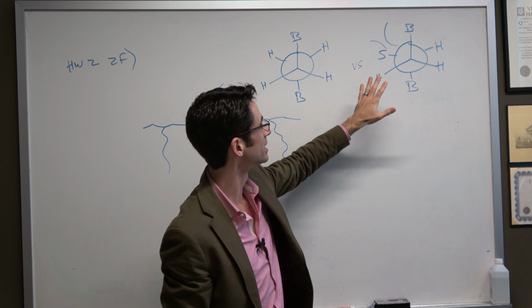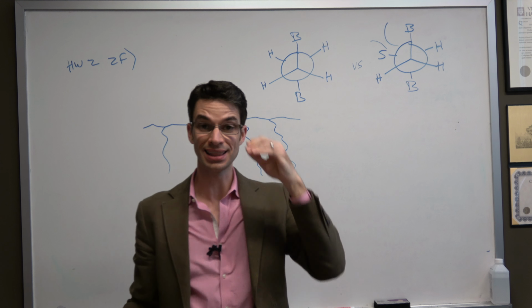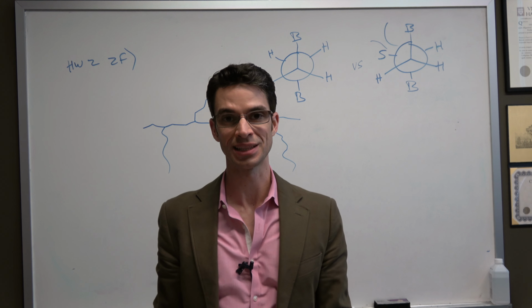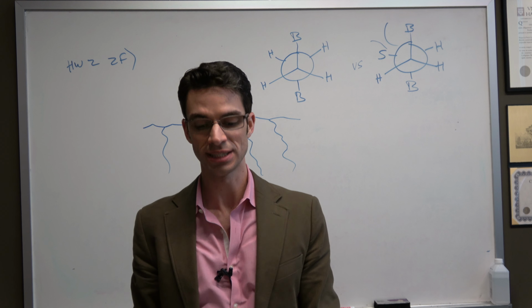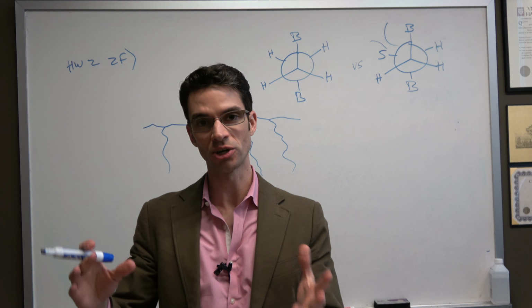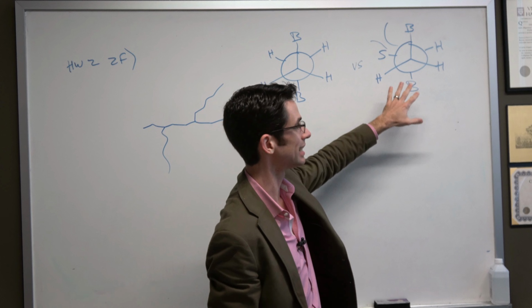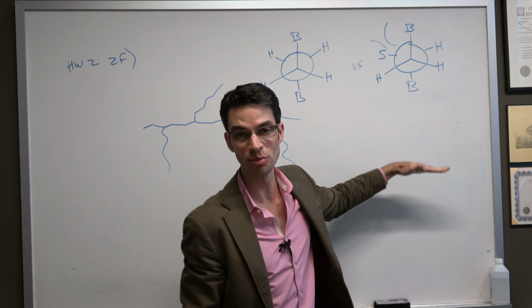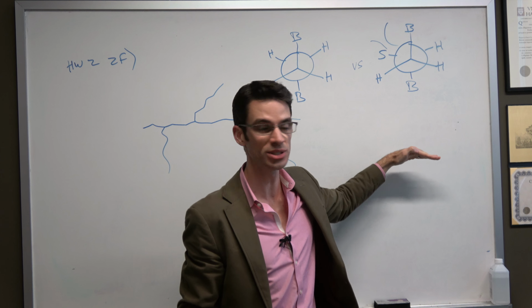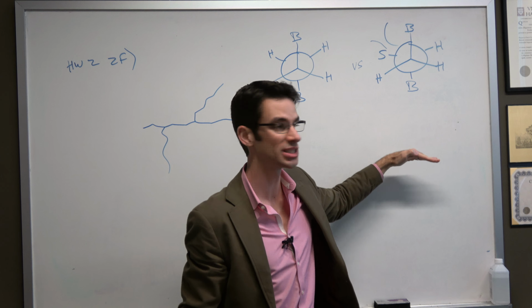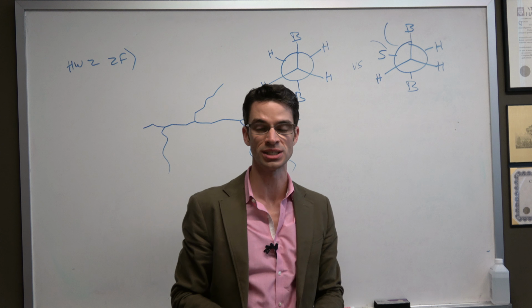So what we've done is made the trans state less favorable by adding the branch. So as a result, the ratio of gauche states to trans states with respect to the positions of the backbones will increase, because now the trans state is less favorable, or a little bit higher in energy than it used to be, because now what used to be the nice trans state has this unfavorable gauche interaction with the side chain.